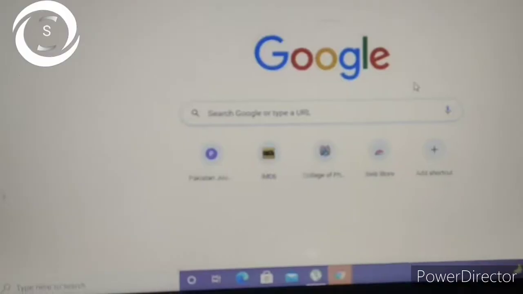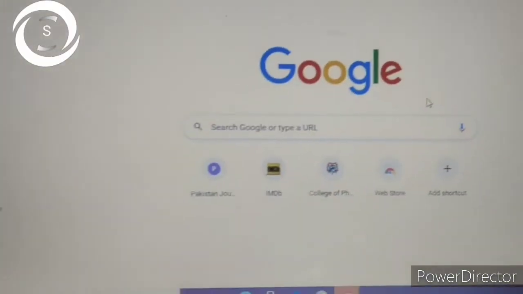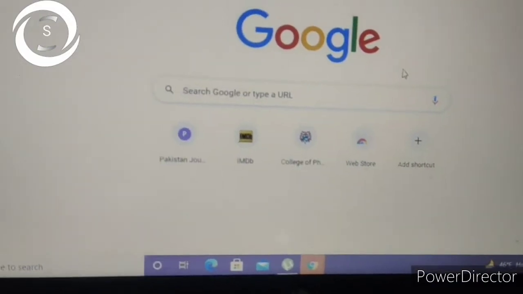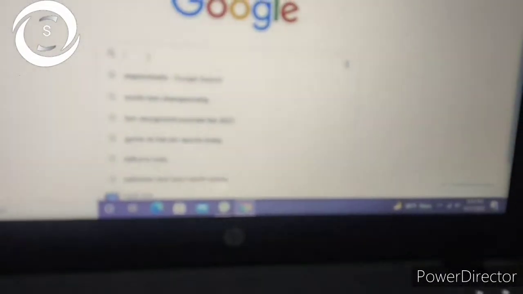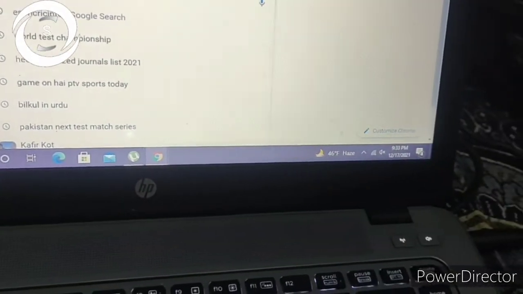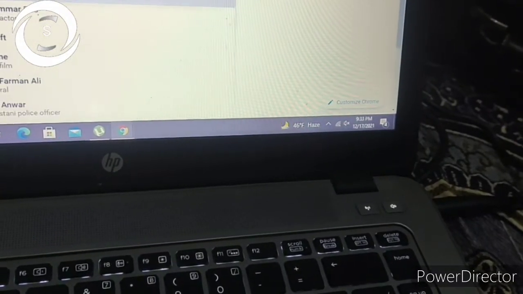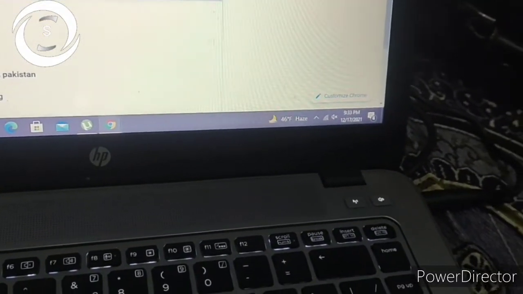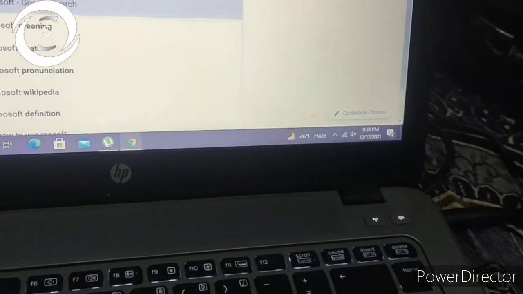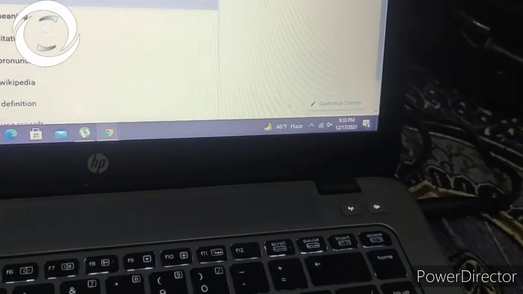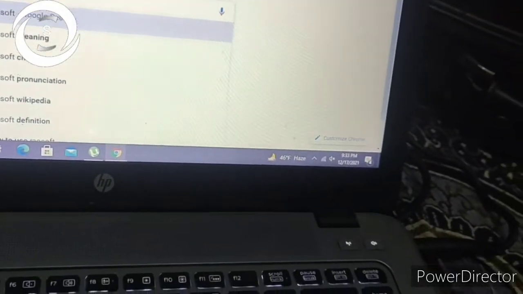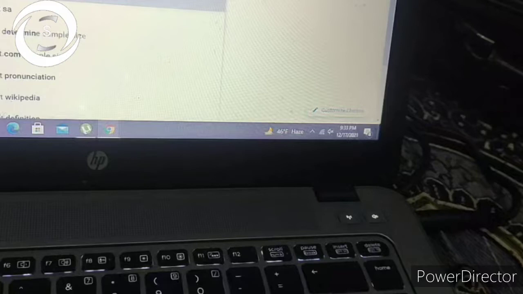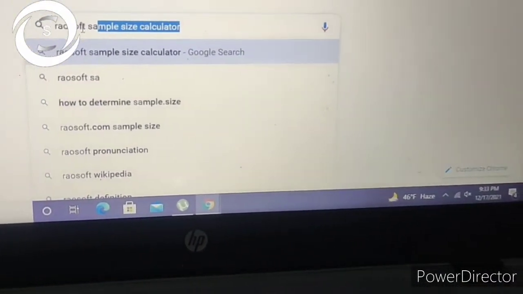First open Google, and now in Google we will type one of the common and important ones, Raosoft sample size calculator.